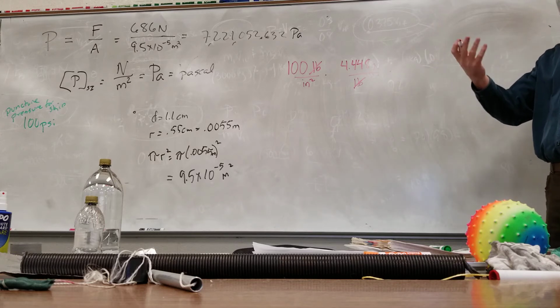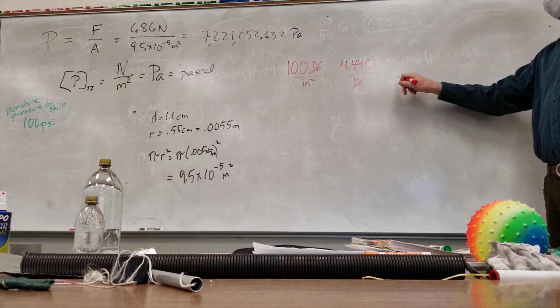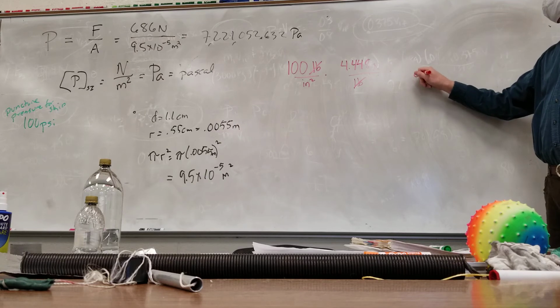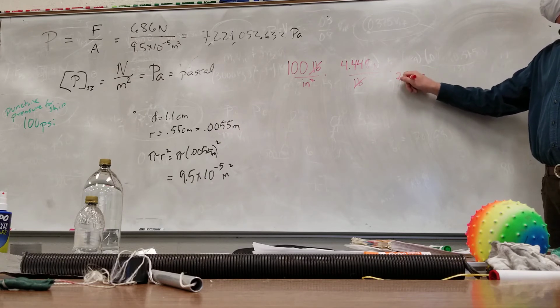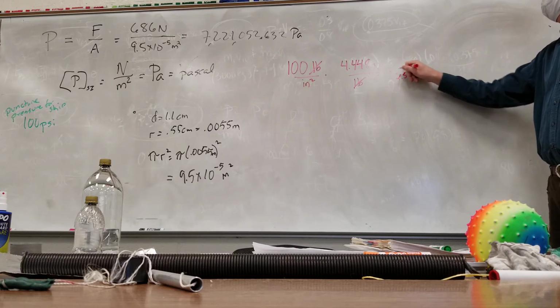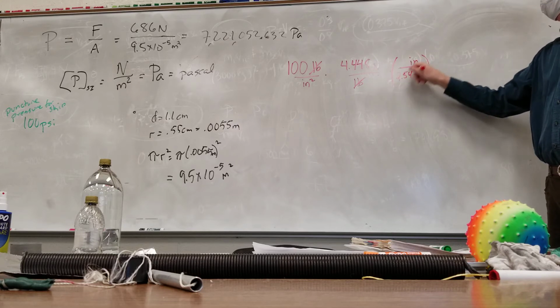It's a little bit under that. It's 2.54. So with centimeters on the bottom, it's 2.54 centimeters per inch squared.